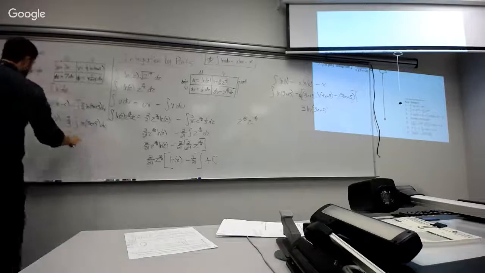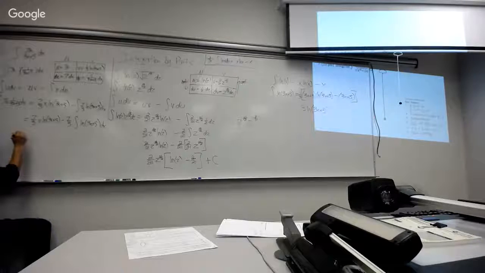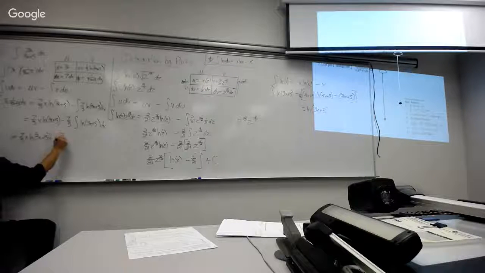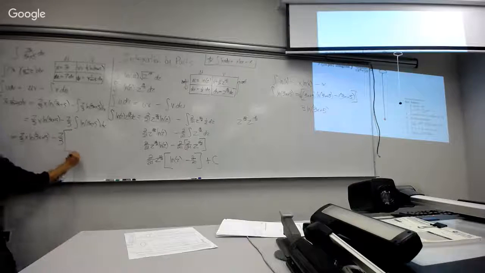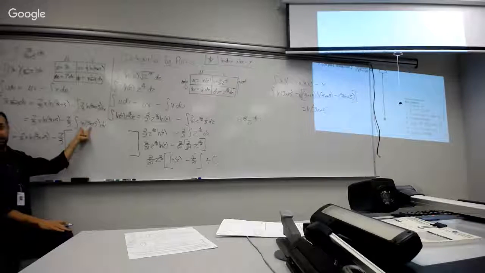So this is how we would finish out this problem. We're going to write down the first part because we're already done there. It's 7/3 x natural log of 3x plus 5. And then we're minusing 7/3. At this point, we're going to use the formula for the integral of natural log.